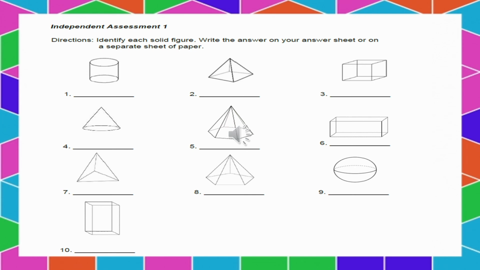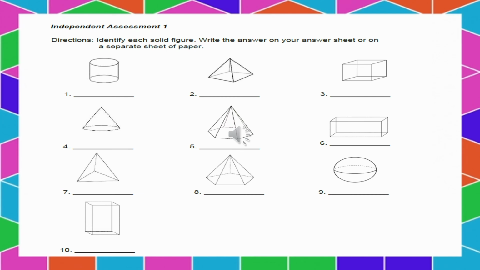Are you done? Okay, let us check. For number 1, the answer is cylinder. Number 2, we have here the square pyramid. Number 3, cube. Number 4, cone. Number 5, hexagonal pyramid. Number 6, rectangular prism.